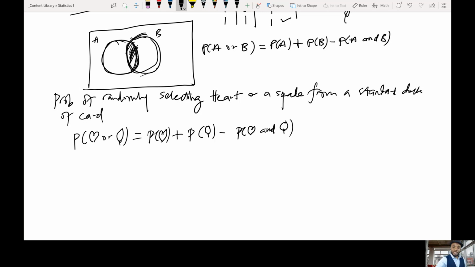So this will be 0. It's impossible to have a heart and a spade in a single trial. So basically, this probability is a sum of these 2 probabilities.